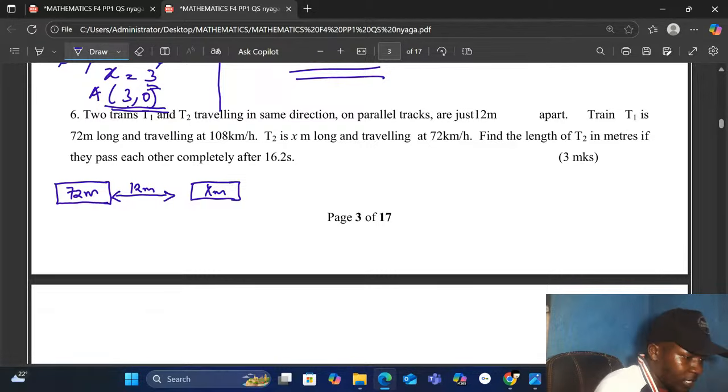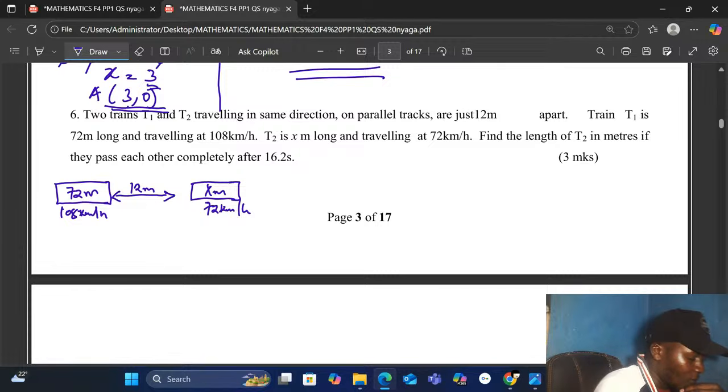Train T1 is moving at a speed of 108 kilometers per hour, then train T2 at 72 kilometers per hour. So that is how we interpret the question.